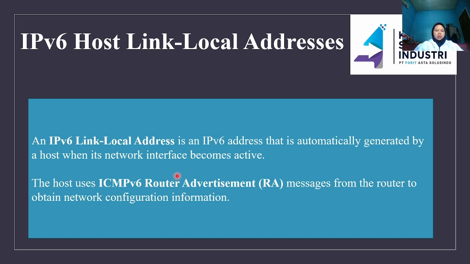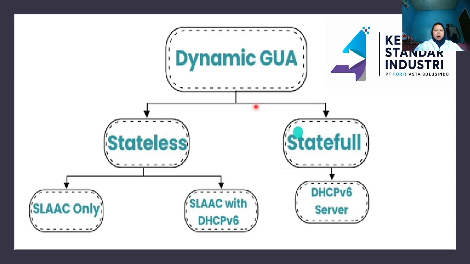So, the link local address is automatically created when the interface is active. This link local address is already available because later the host will use ICMP version 6 router advertisement RA messages.